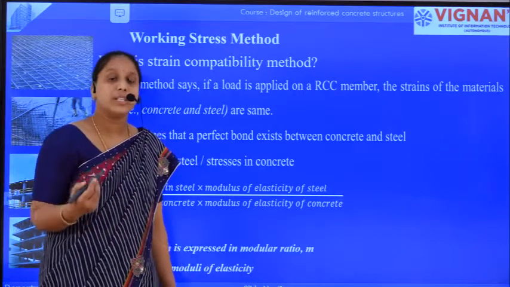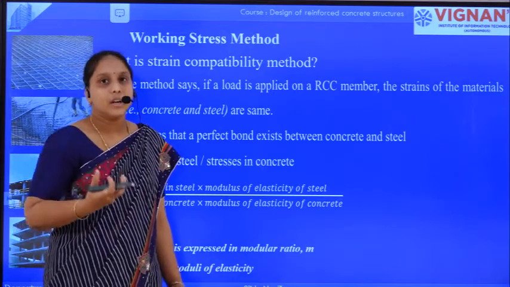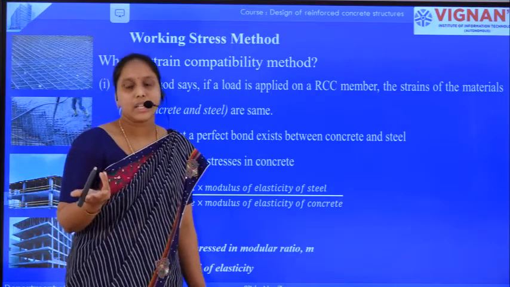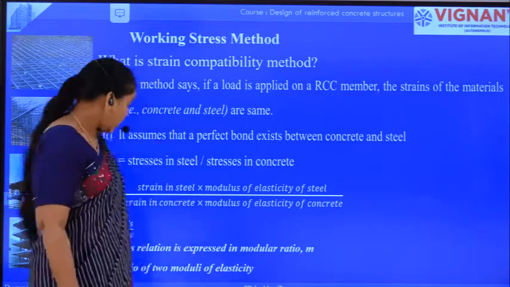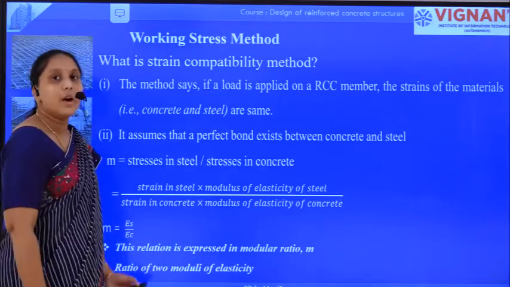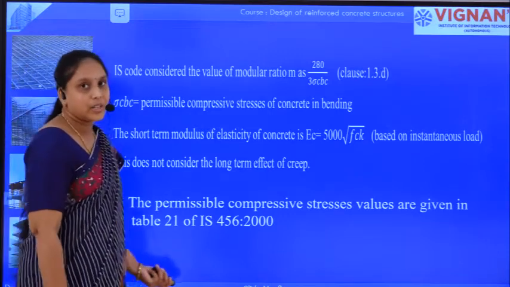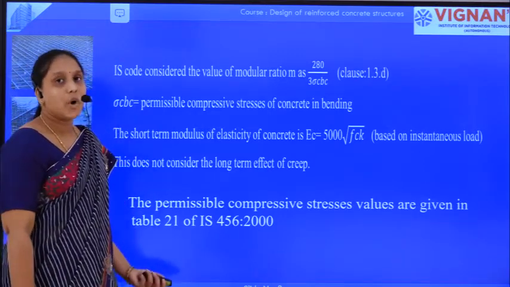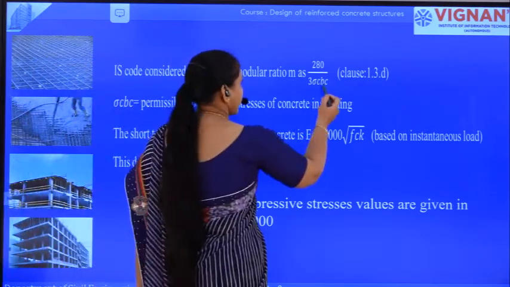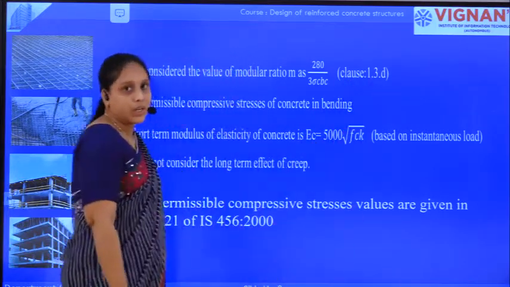That is the strain compatibility method. As it is a composite material, we find the equivalent values, because two different materials are there in the RCC. The ratio of two moduli of elasticity is called the modular ratio. In IS 456-2000, the modular ratio is taken as m = 280 / (3 σcbc), which is given in clause 1.3.d.